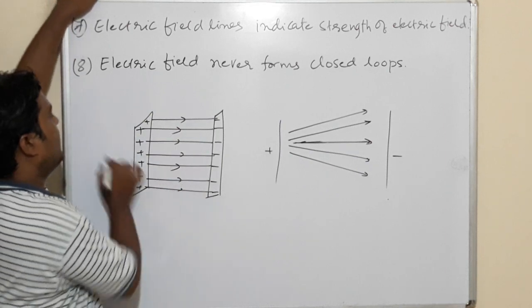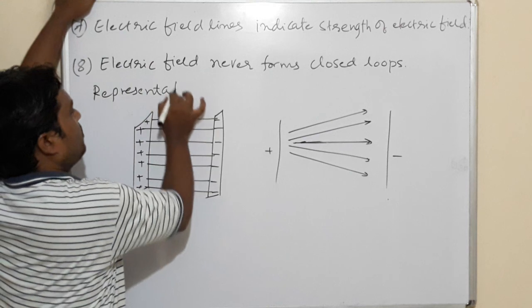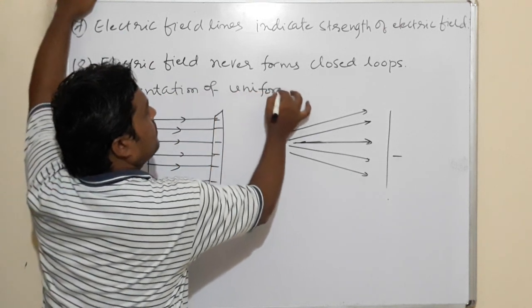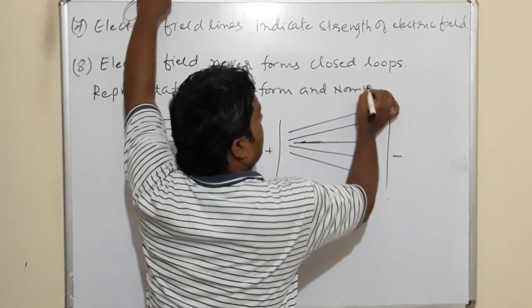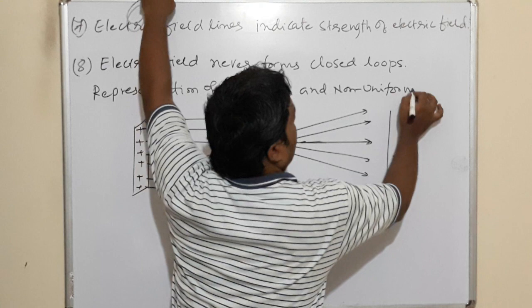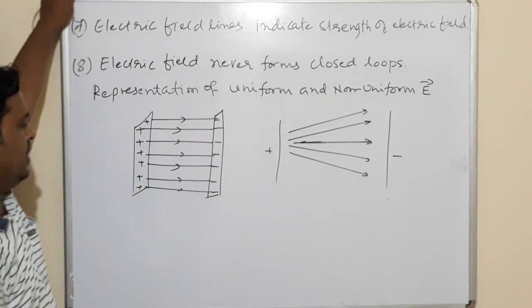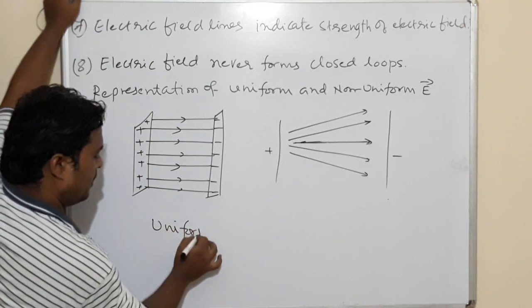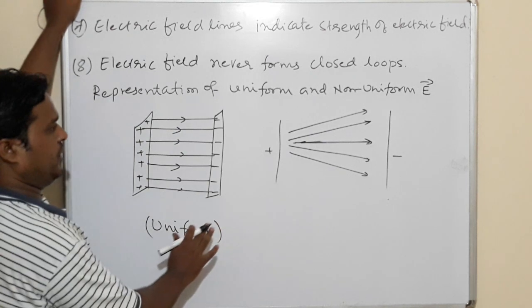If they are equidistant, this is the representation of uniform and non-uniform electric field. If they are equidistant parallel lines, then this field is a uniform electric field.